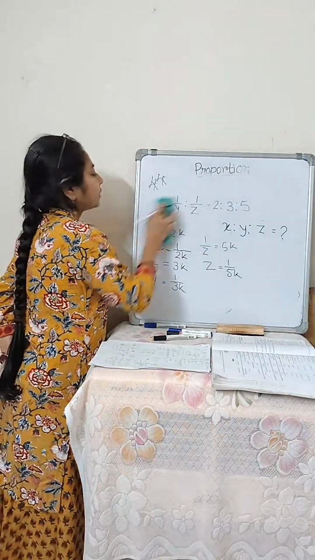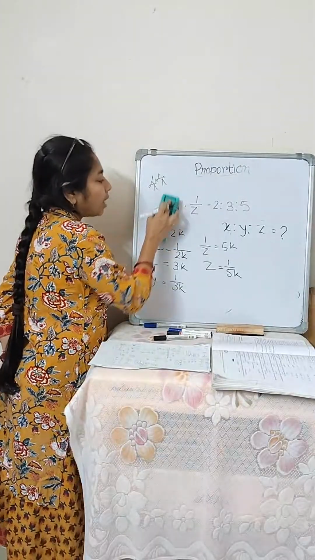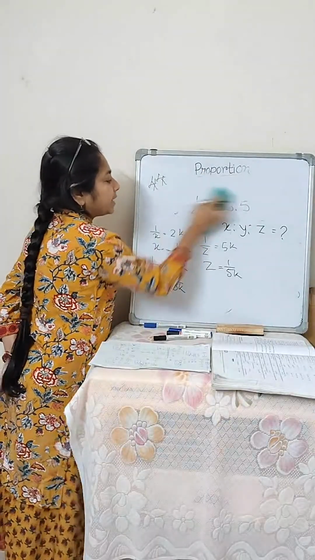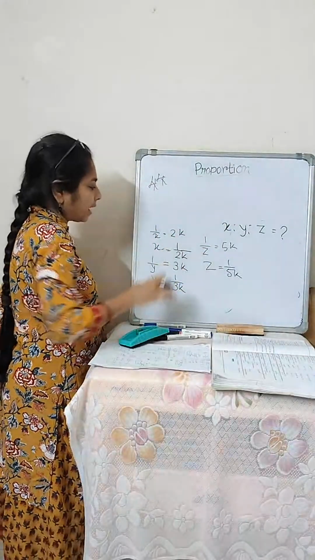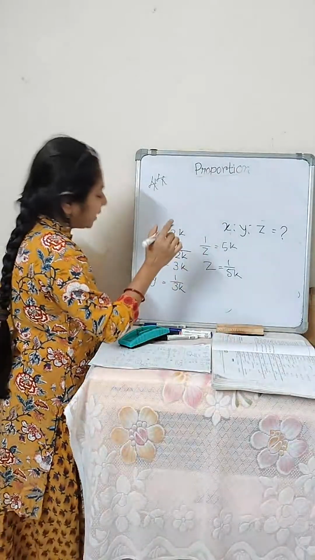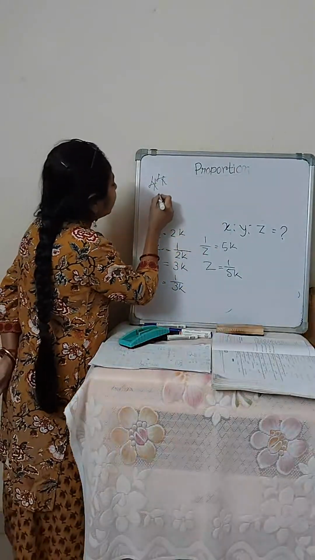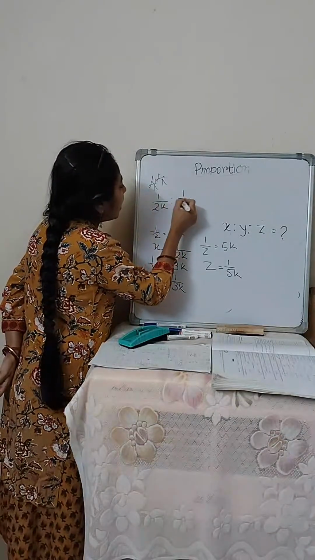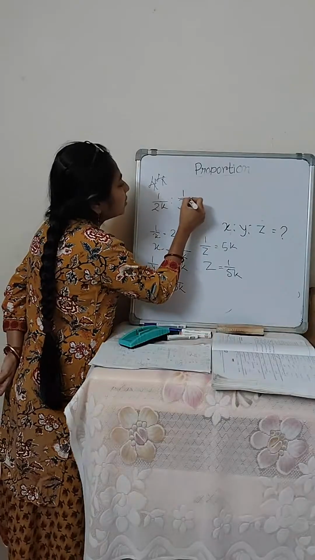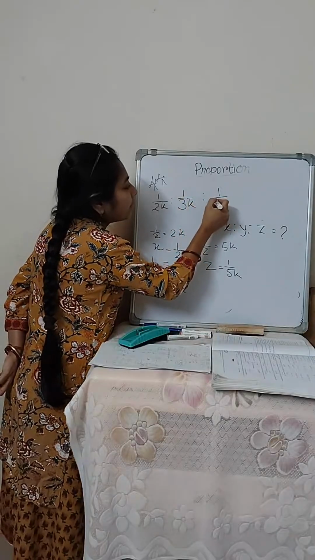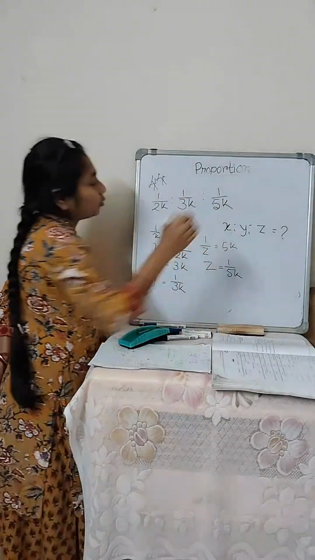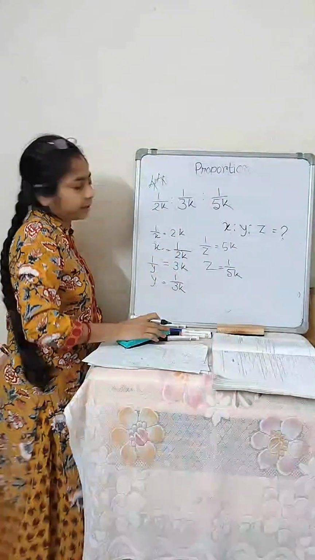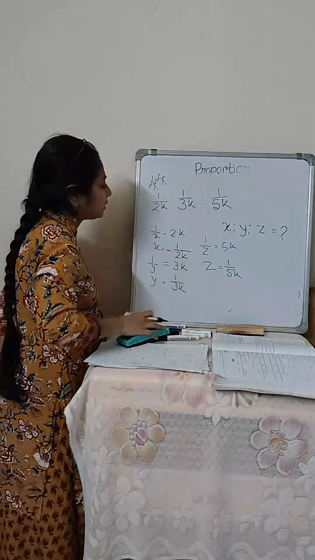Now I put the value of 1 by x, 1 by y, 1 by z. From this one I write the value. x is 1 by 2k is to 1 by 3k is to 1 by 5k. And one more thing, k is a common variable, I cancel it.